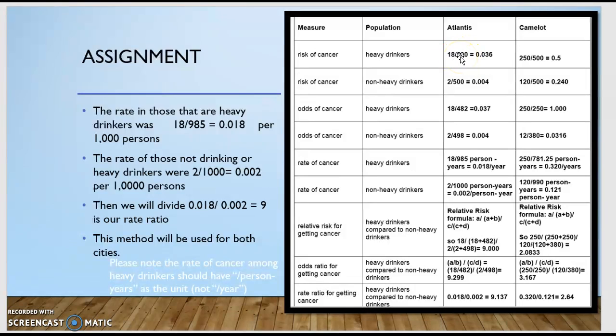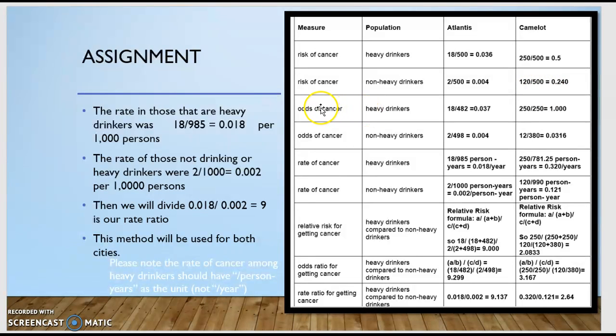So again, for risk, remember we're using the number of events out of population at risk, which gave us the total number here. And very similarly, we used the same, again, number of events out of population at risk. Same formula was used for the non-heavy drinkers. This is our population this time. So the rate, again, for risk is the number of events out of the total population we were given. And again, the same for Camelot, the number of events out of the population at risk.